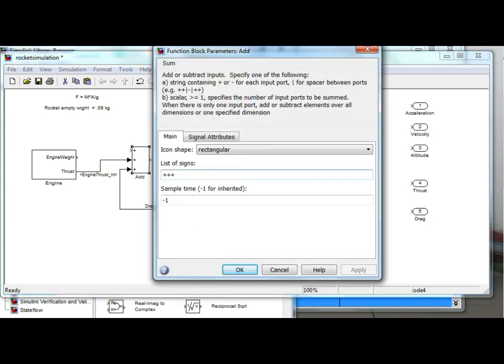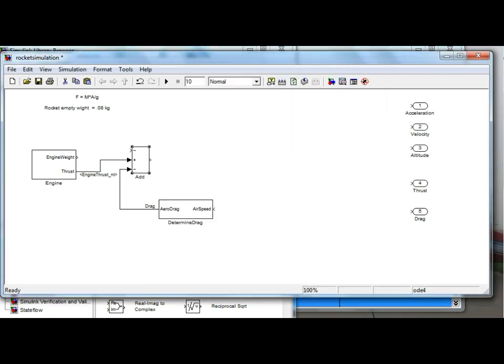So I'm going to change that to plus, plus, and make that a minus. And same thing with gravity. Gravity is going to act in a negative direction according to our convention where positive is up. Gravity always acts downward. So I'm going to change the signs to subtract, add, subtract. So now I'm subtracting drag, so my positive drag is going to slow the aircraft down because it works in the opposite direction of velocity.